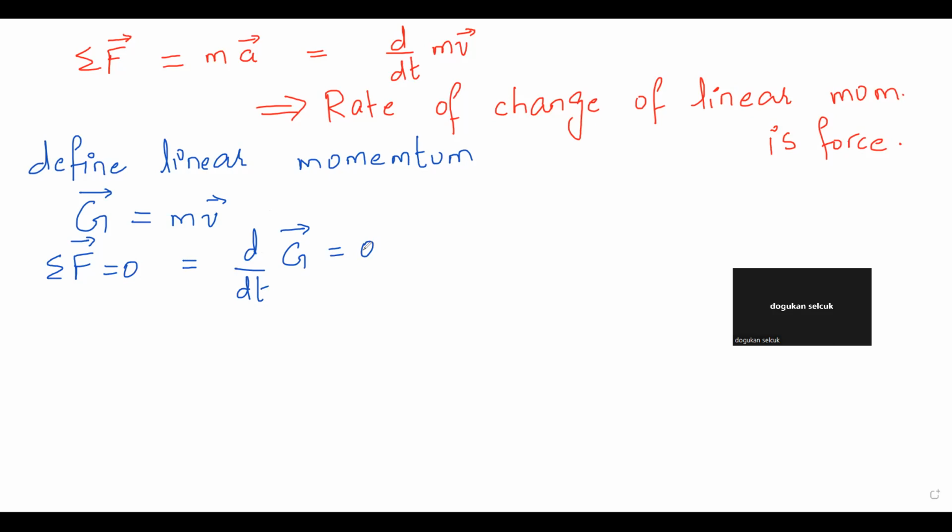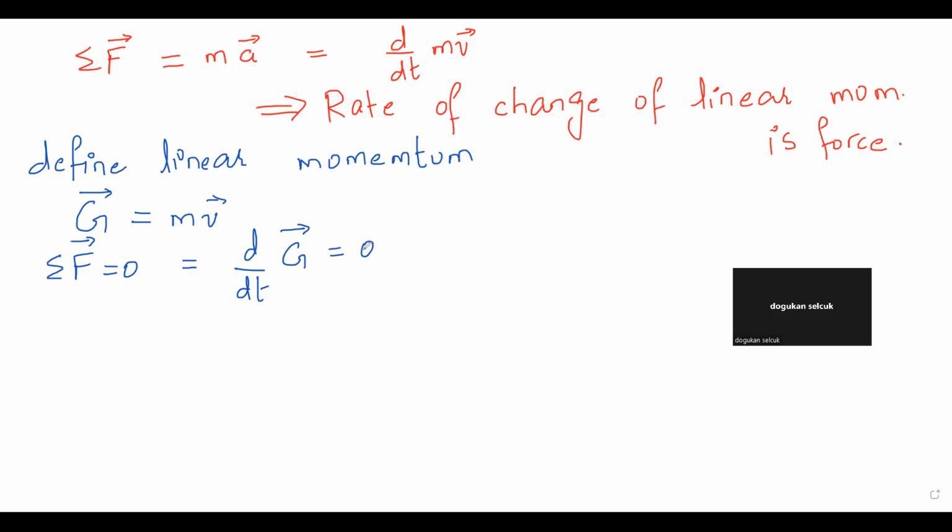Look, d over dt of G is not constant. It is 0. You know why? The initial momentum is equal to the final momentum. When I said d over dt of G, you said constant. I said no, it's not constant. d over dt of G is 0.